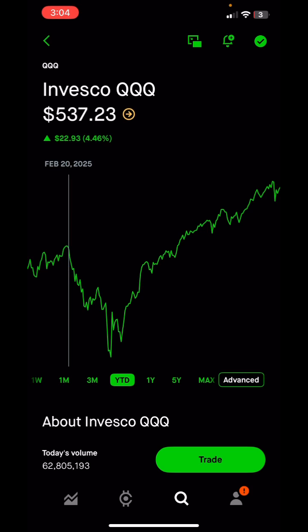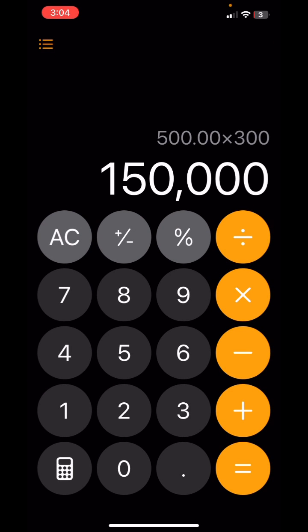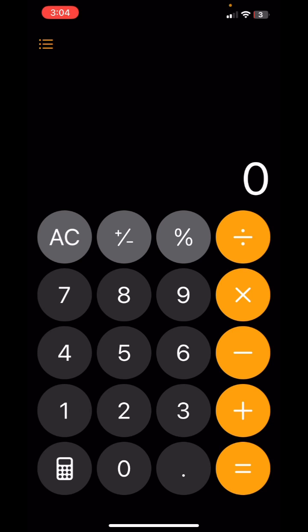That's like a $20 move. Now, if we do the math, remember, 500 is our number. Our delta was 50, which equates to $50 with options.